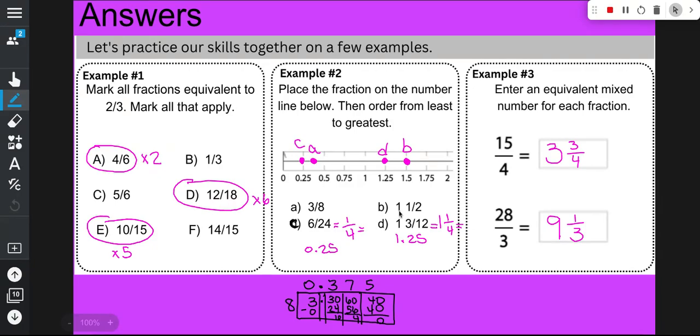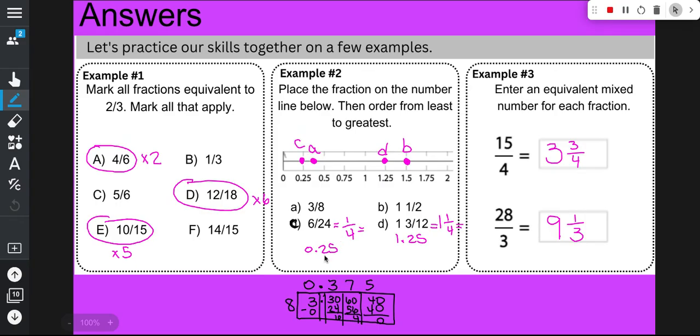My B is going to be past the 1 whole, and I'm going to go to 0.5 because a half is 0.5. For C, I might simplify that fraction first, and I could divide the 6 and the 24 both by 6 to get 1/4.